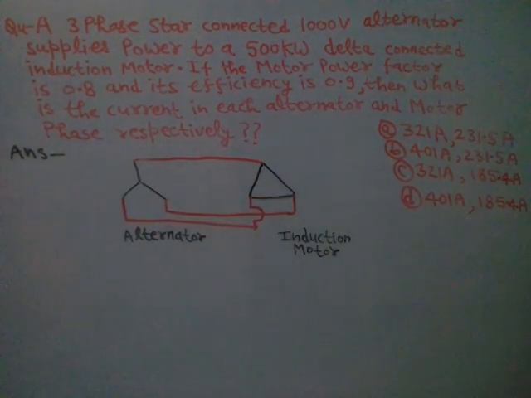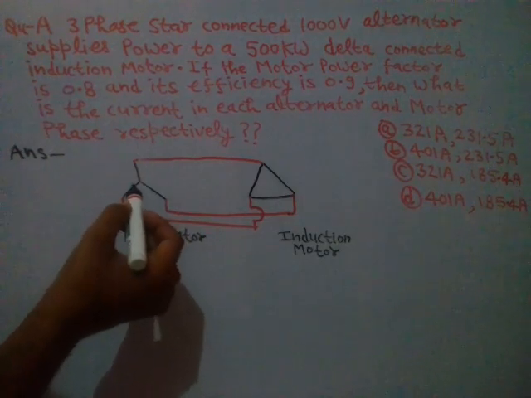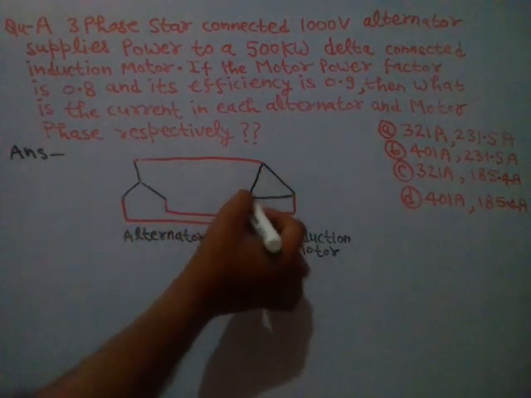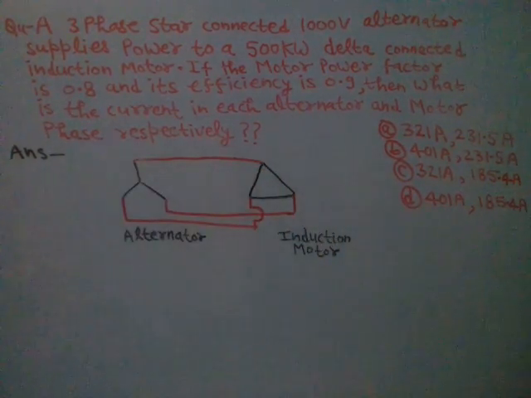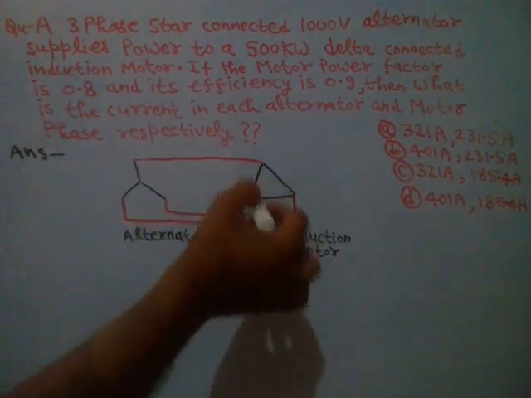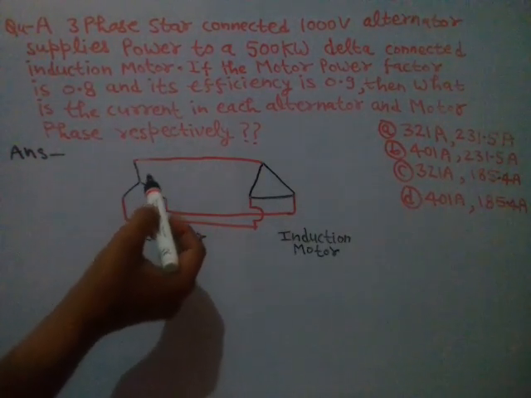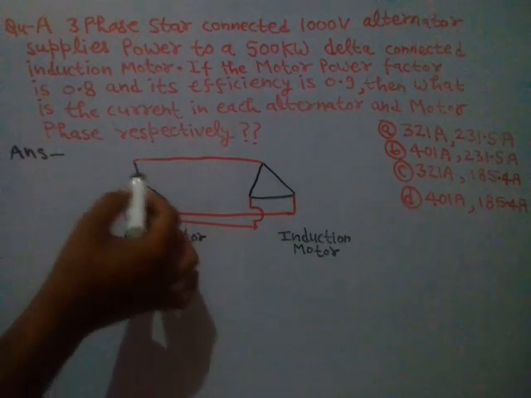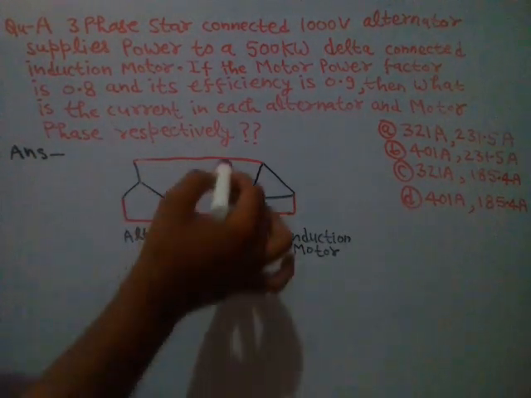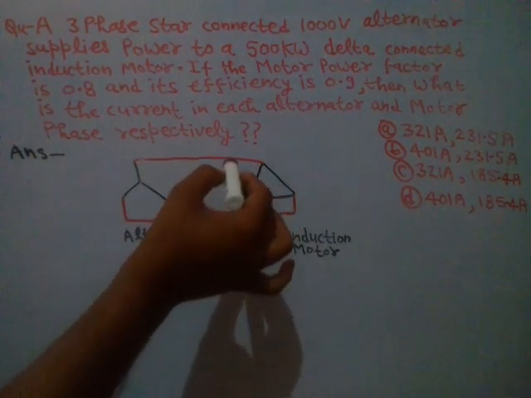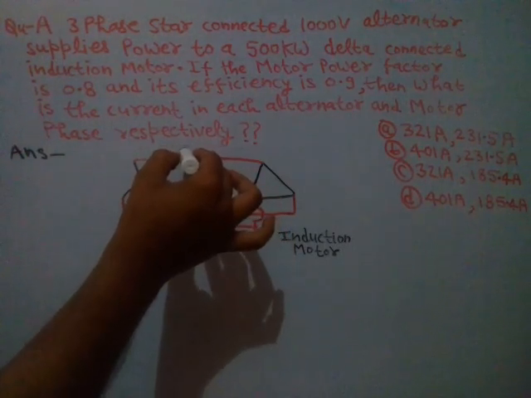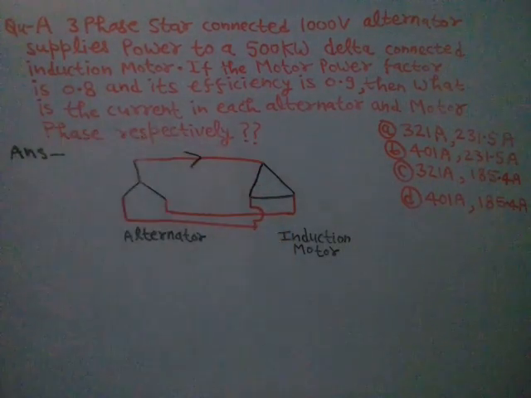Now the line current which is supplied by the alternator will be equal to the line current input to the three-phase induction motor. So the output line current supplied by this alternator will be equal to the input line current to the induction motor.